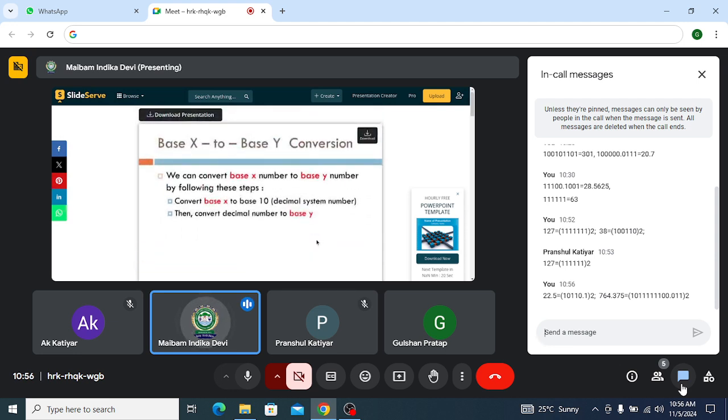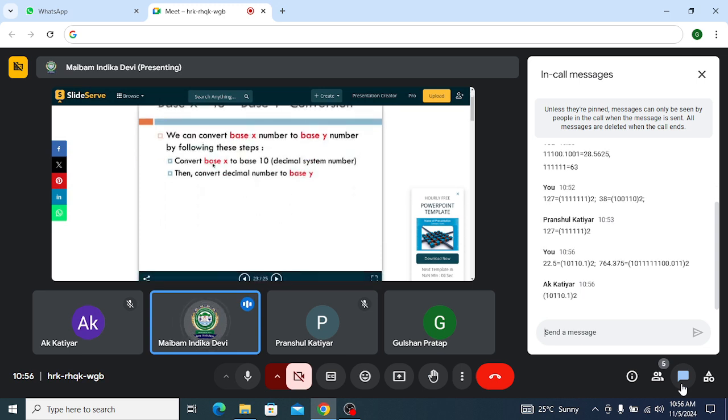Now suppose you are given any base, whether decimal, octal, or any base apart from these. If you want to convert a number given in a particular base system, let's say x, to another base system y, you can first convert that base x to the decimal number system, and from decimal you can convert into the corresponding base y.